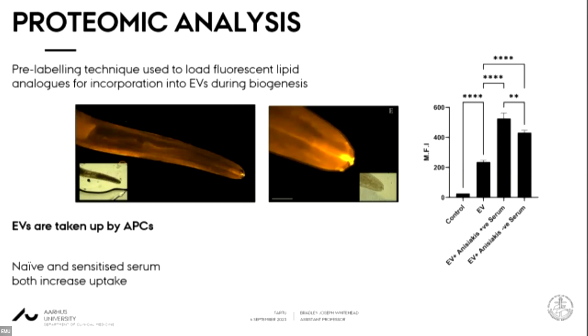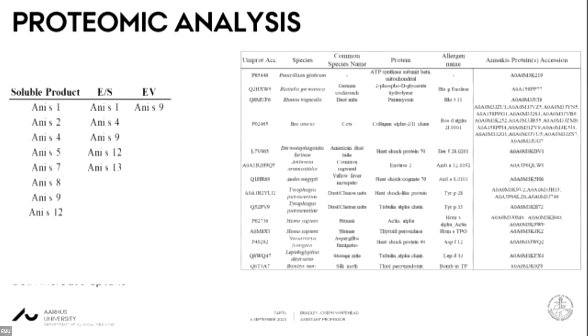When we perform these uptake studies, if we include serum from Anisakis-positive patients, as in with a sensitivity to it, we get an increased uptake, but we also see some increased uptake with the negative serum, which suggests there might be some non-specific effects of the IgG as well.